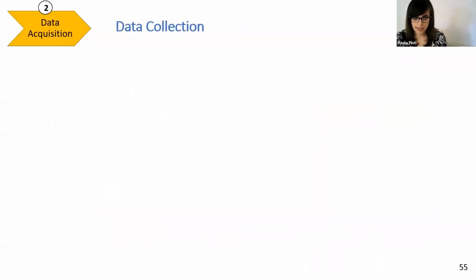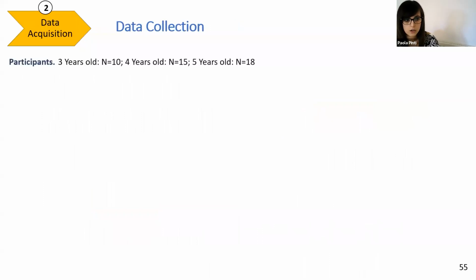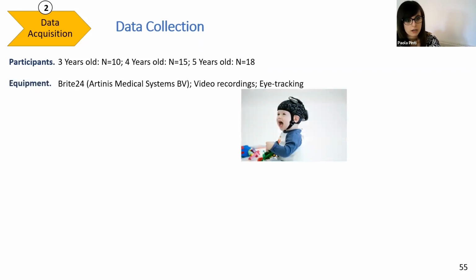In terms of data acquisition, we have recorded data so far on 43 toddlers in total, divided into 3 age ranges: 3, 4, and 5 years old. We recorded fNIRS data using the Brite24 system by Artinis, in conjunction with video recordings and eye tracking for behavioral coding of toddlers.